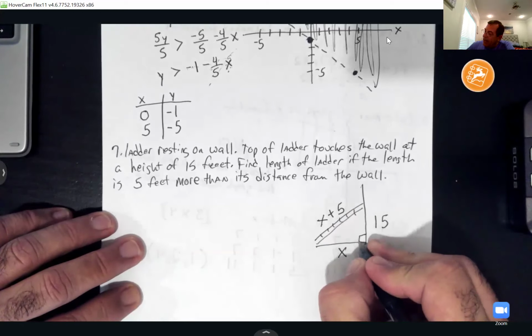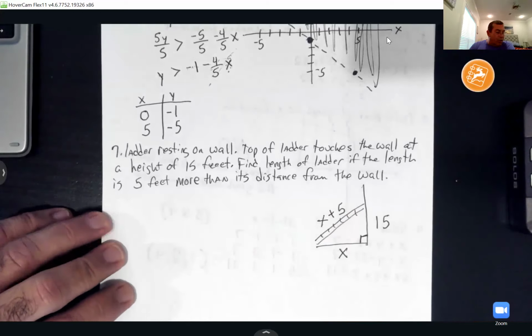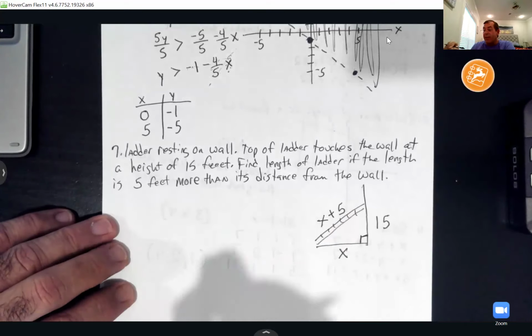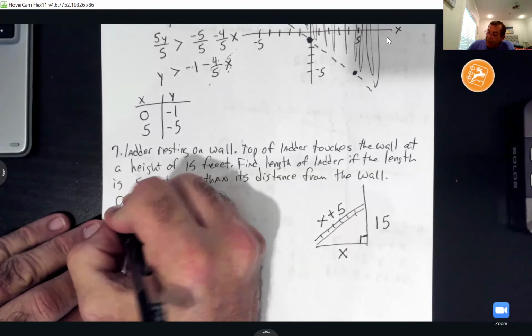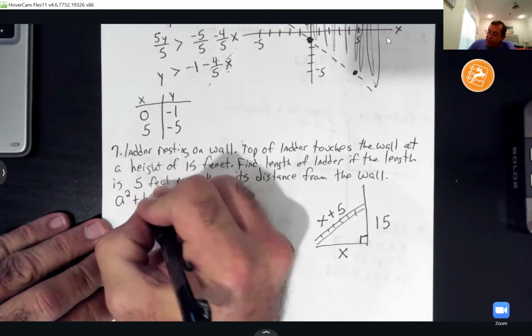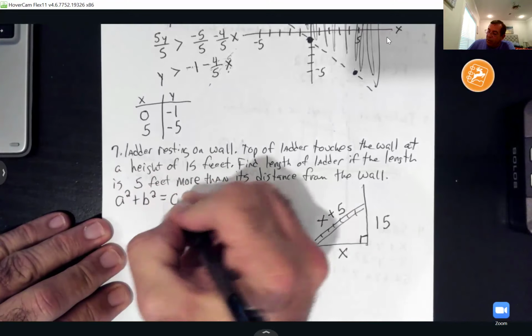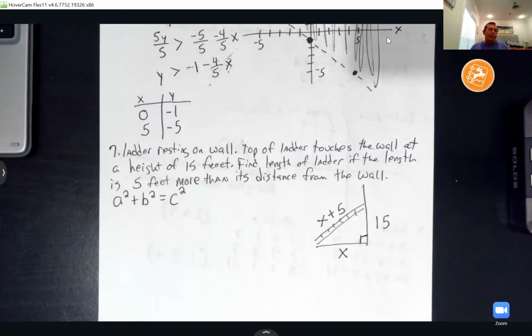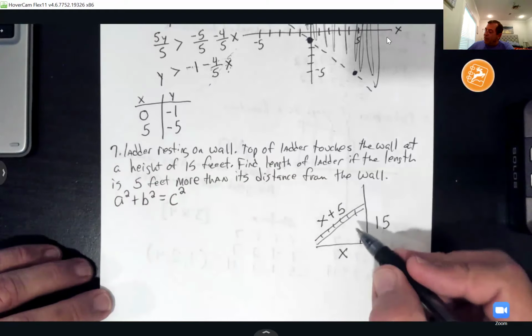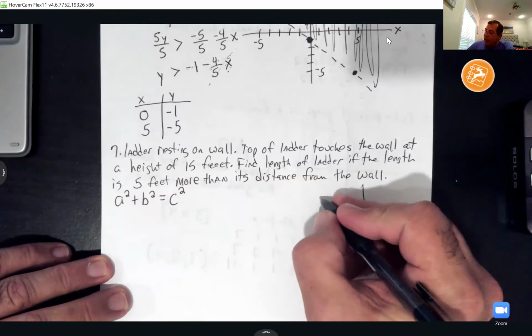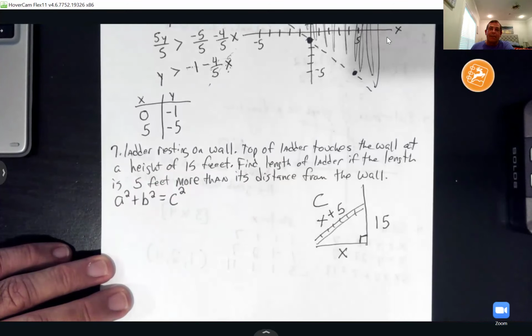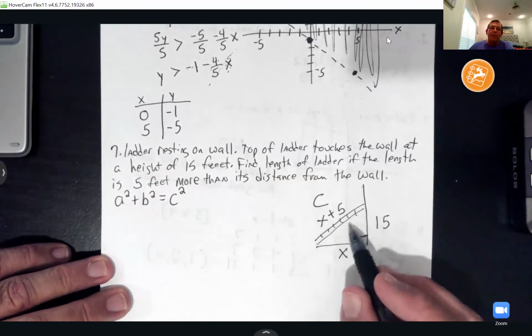So y'all look here, you got a 90-degree angle, so we're going to do the Pythagorean theorem to this. a squared plus b squared equals c squared. So remember, the ladder will be your c. That is your hypotenuse.